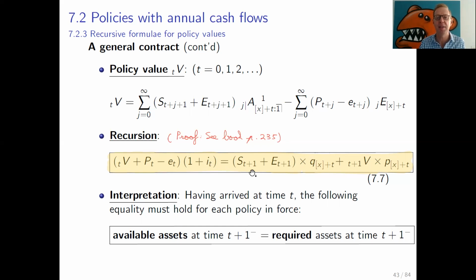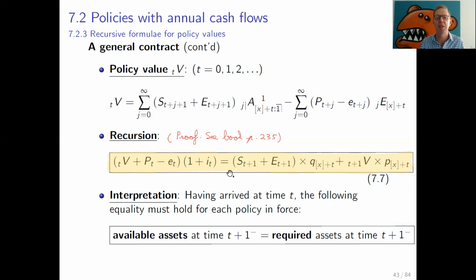Indeed, the right-hand side is the expected required assets at time t+1 minus. qx+t is the probability that the x+t year old person dies. Then there is a payment St+1 plus expense Et+1, plus for the survivors, px+t is the probability of surviving. For each of them, we have to set Vt+1.